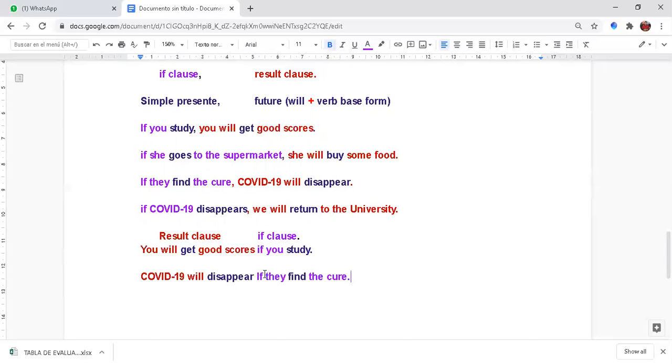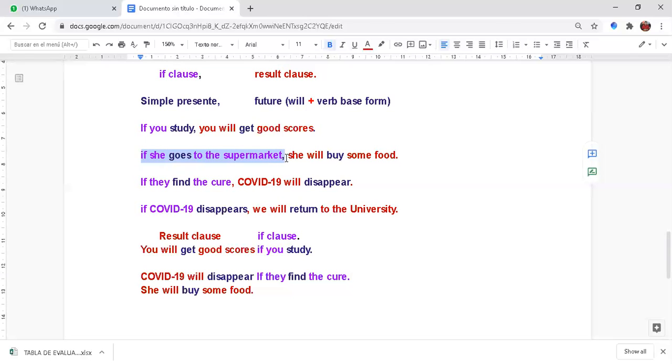So that is, my friends, when we talk about real conditional. Real conditional must be organized as I am explaining. That is the grammar rule.